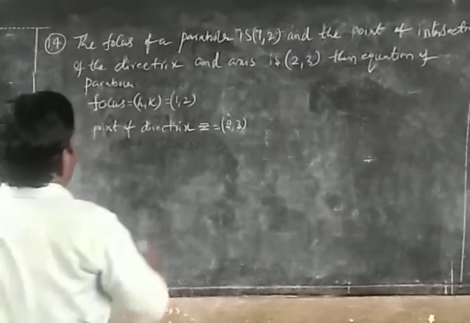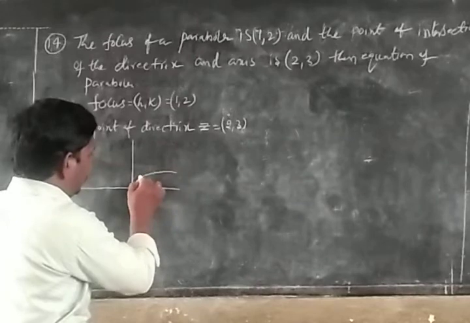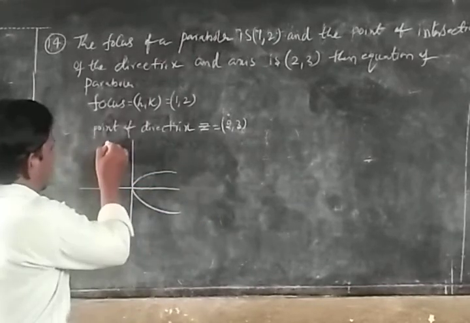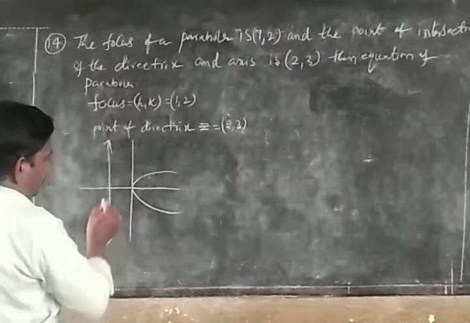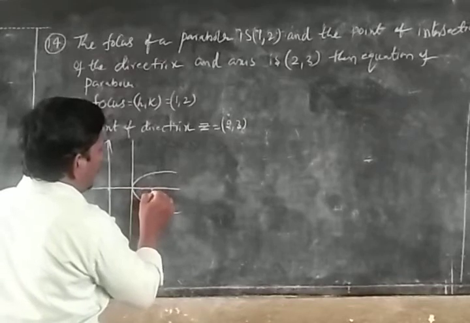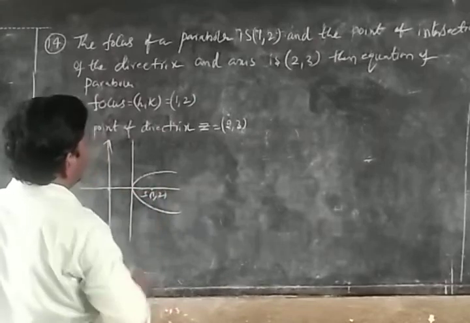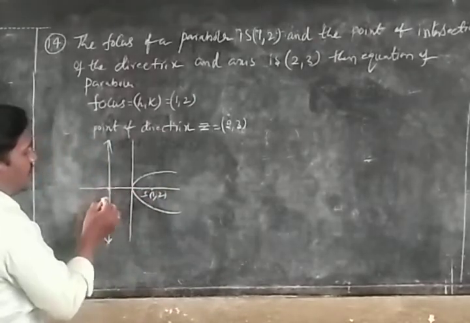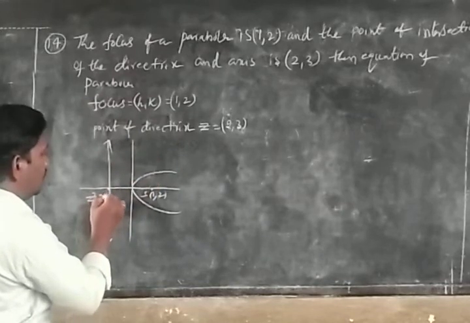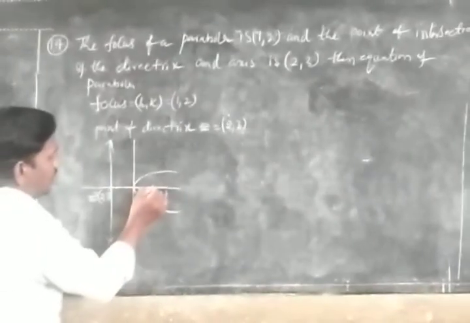Okay. Now the diagram. This is the directrix. This is the focus (1, 2), yes, (1, 2). The point on the directrix Z is (2, 3).